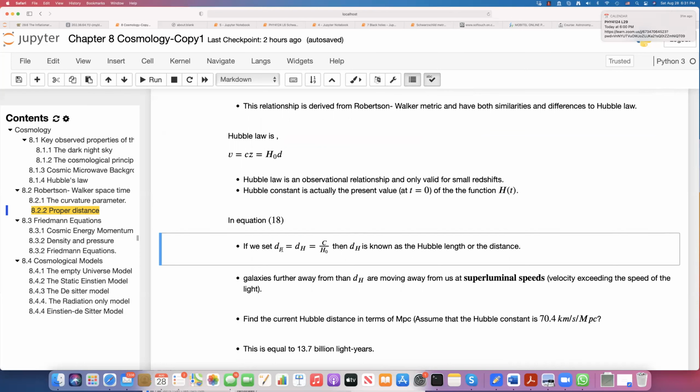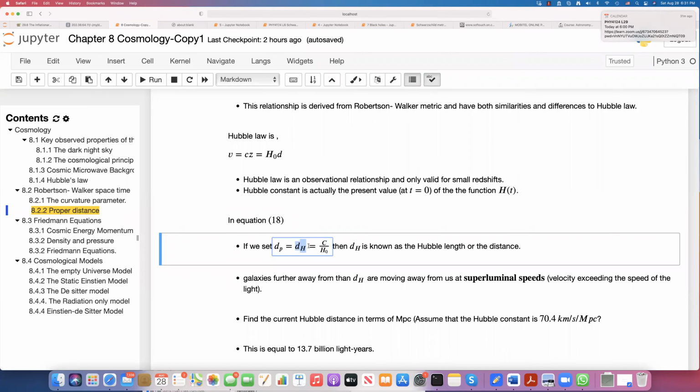If we set the velocity as c, then what you would get, with the current Hubble constant H naught, is a distance that we normally call the Hubble length, right?